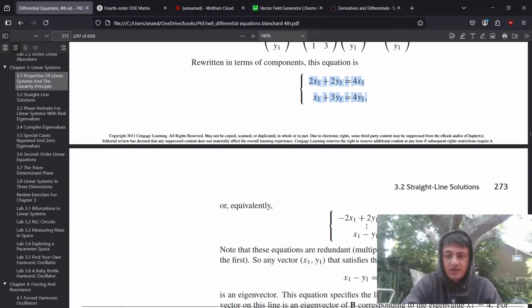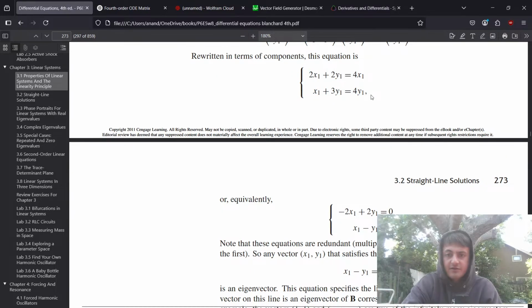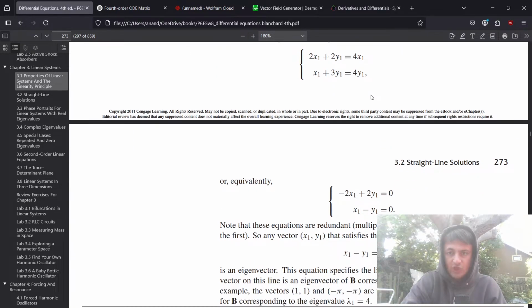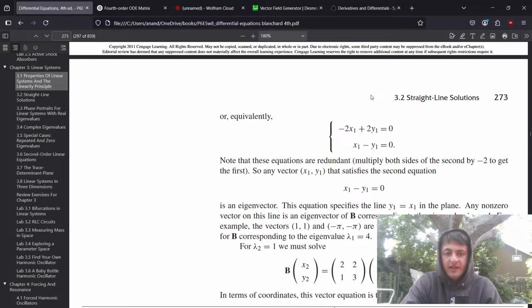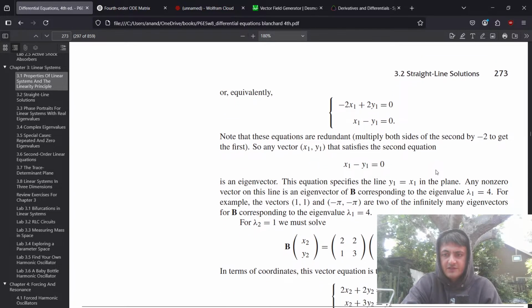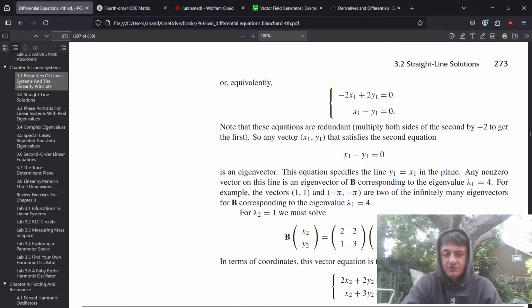Now we subtract the right side and note that these equations are redundant. Multiply both sides of the second by minus 2 to get the first. So any vector x1, y1 that satisfies the second equation is an eigenvector.